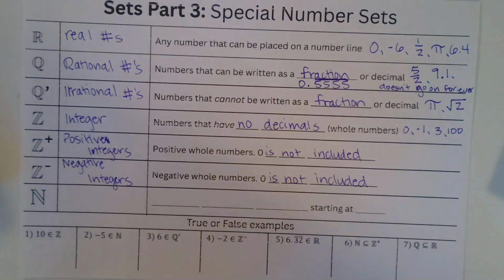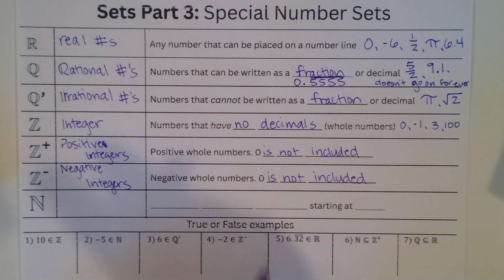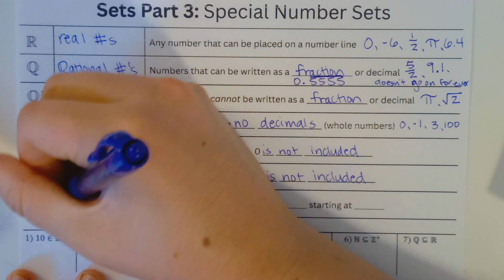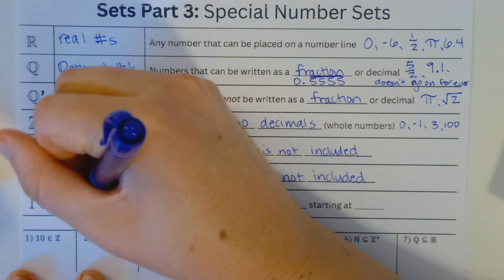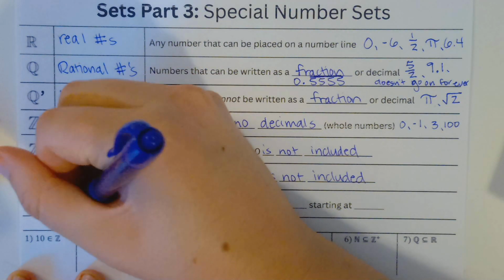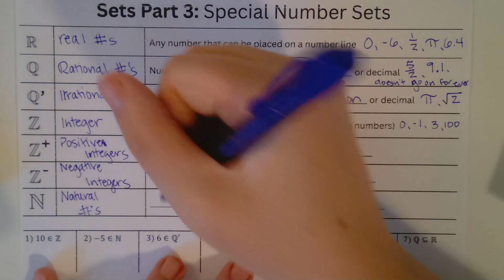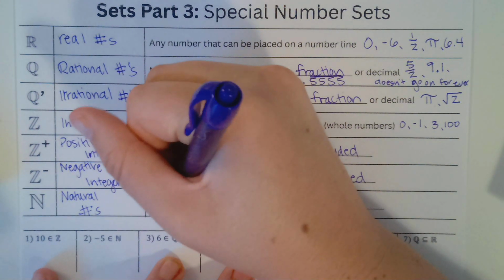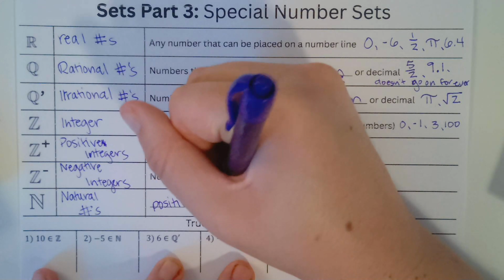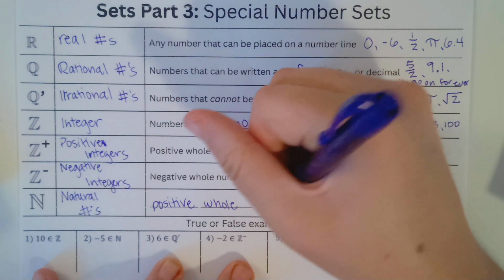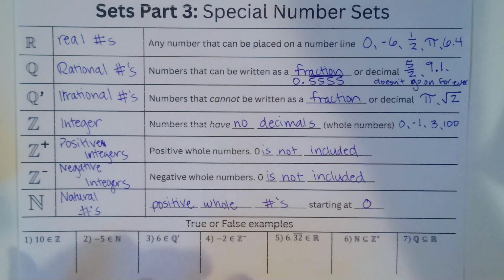The last one is the most specific, and that's the n one, and these are called natural numbers. They're called natural numbers because they're the ones that are most common in nature, is how you would say it. These are positive whole numbers starting at 0.